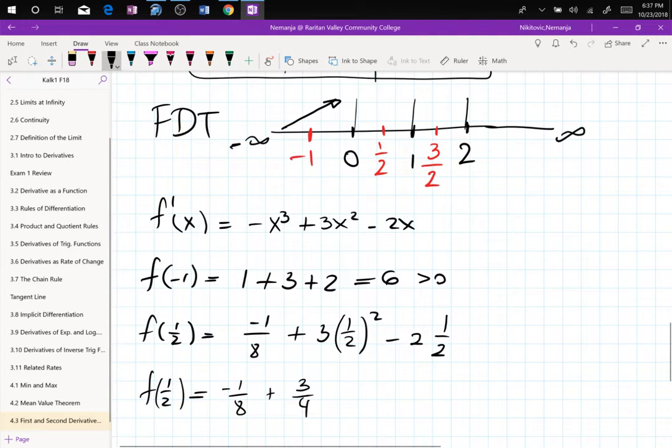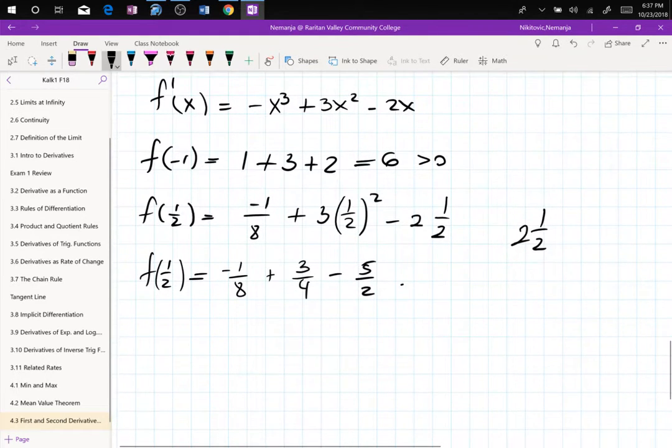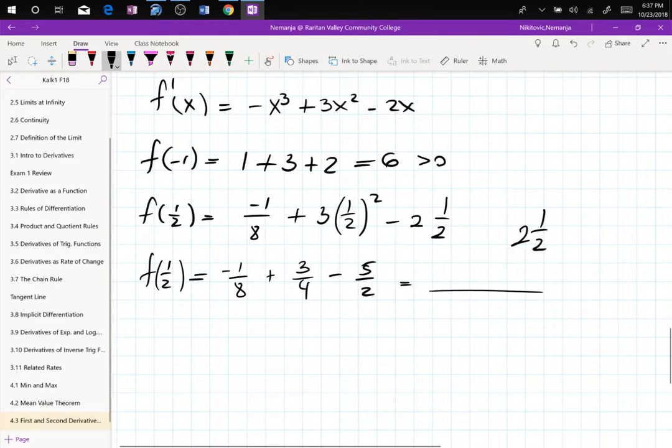And then finally the mixed fraction over here, 2 and 1/2, five halves. Common denominator is 8. So that's negative 1 plus 6 minus 20.